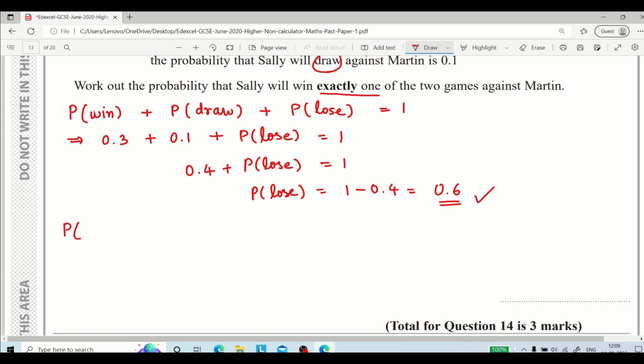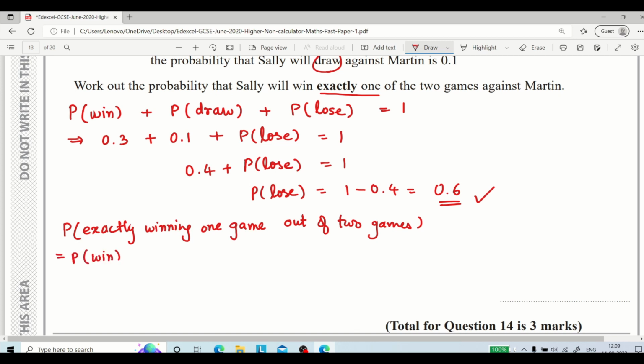So the probability of exactly winning one game out of two games is equal to probability of winning into probability of losing, plus probability of losing into probability of winning, plus probability of winning into probability of draw.